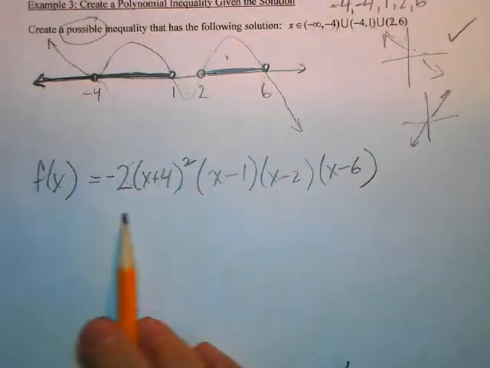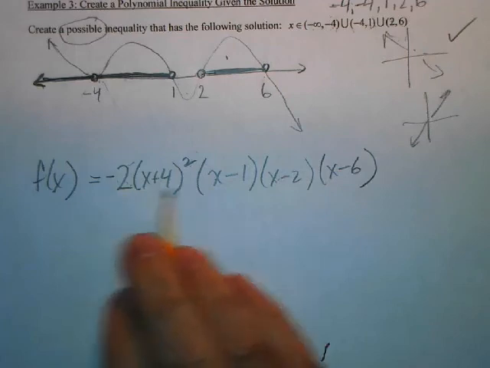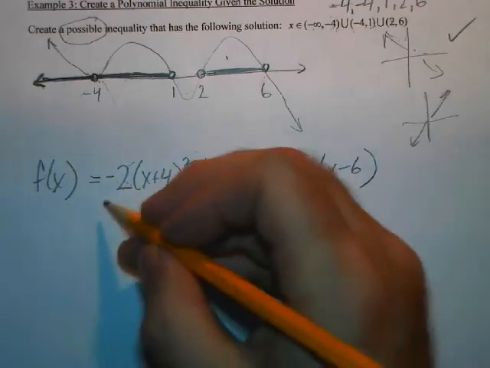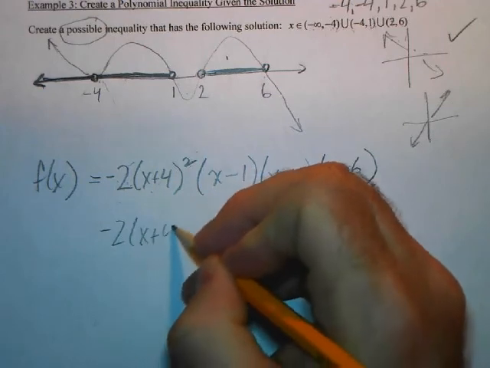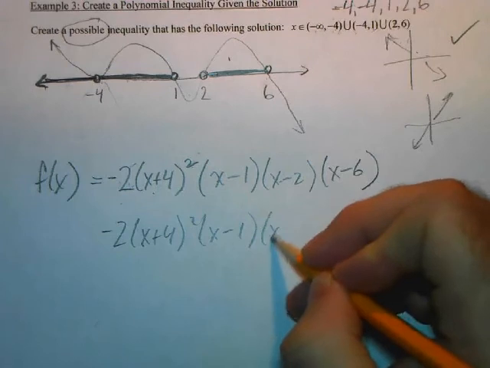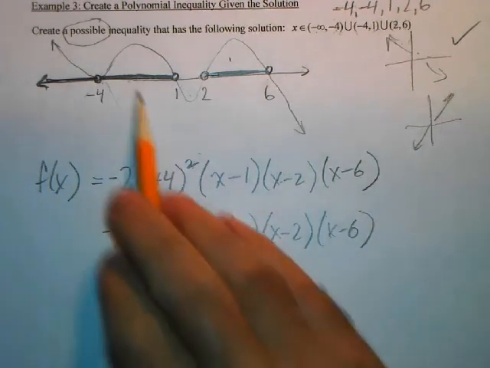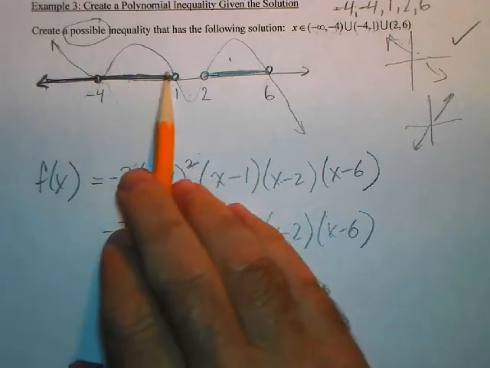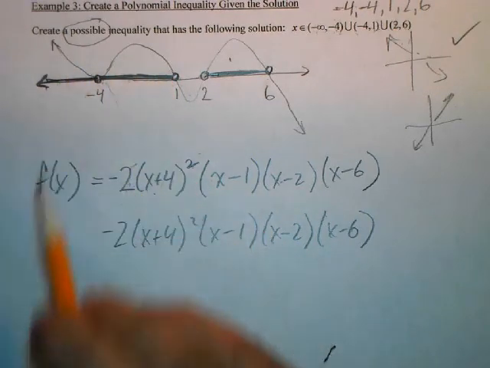Now, in order to make the inequality, that's just the graph of the function. So I'm going to use this. So negative 2 times x plus 4 squared, x minus 1, x minus 2, x minus 6. And I want that to be, remember the graph, I want it where the graph is positive, where the y values are positive.